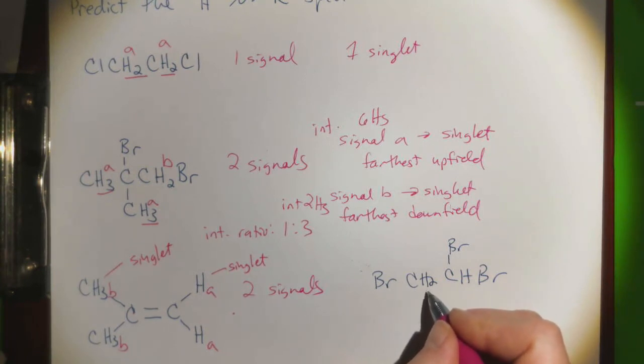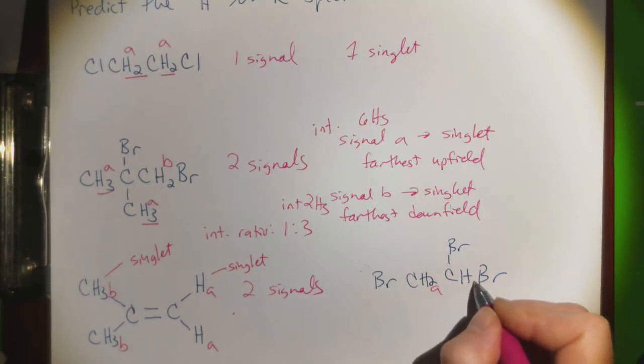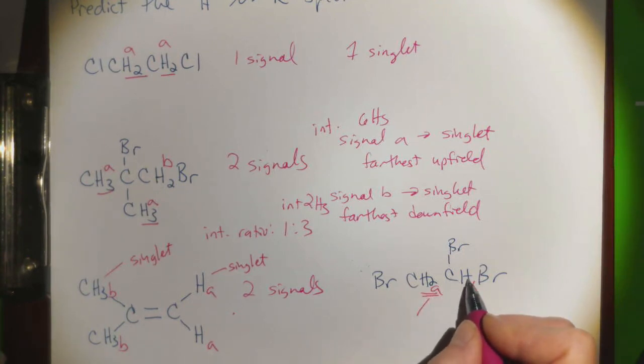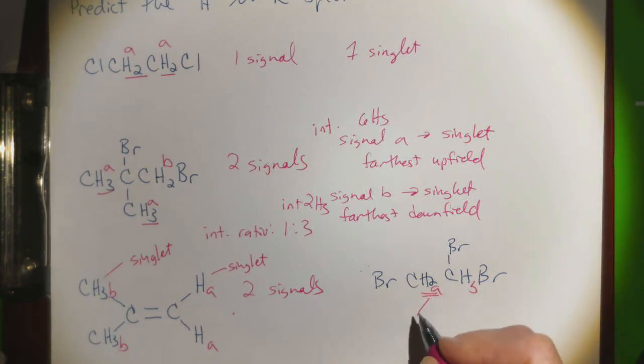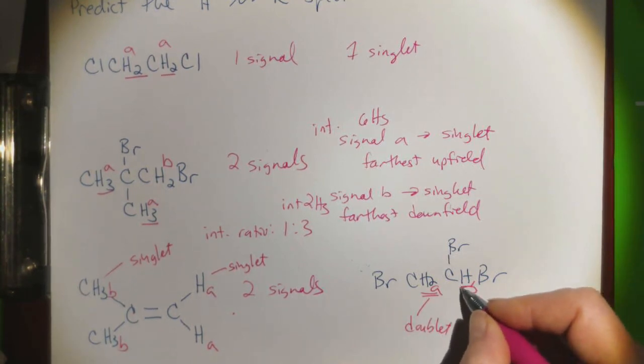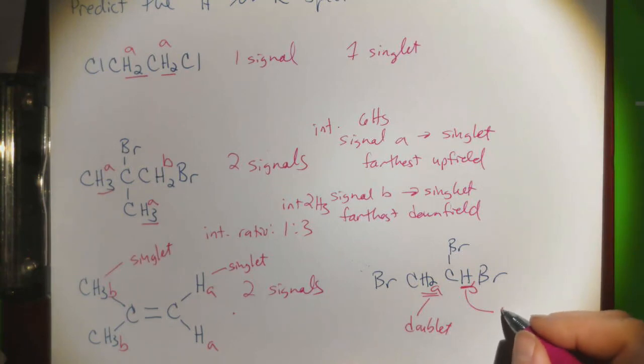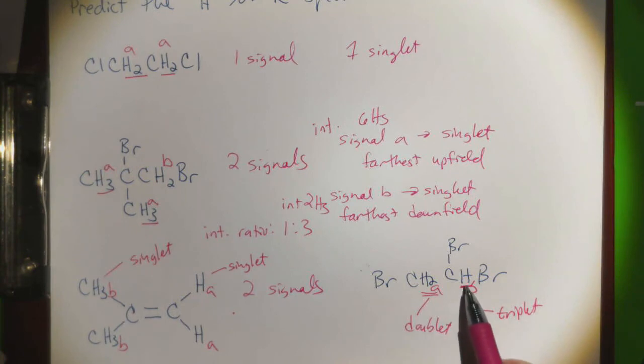Now we have two signals, 1, 2. Splitting for A: its neighbor has 1 proton, so 1 plus 1 is 2, so this is a doublet. Signal B has 2 proton neighbors, 2 plus 1 is 3, so it's a triplet. This signal will be the farthest downfield, and this one will be a little farther upfield.